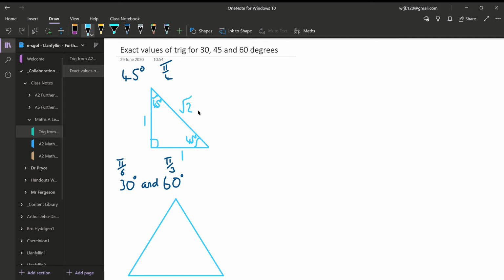Now a word about the size of the triangle, why I'm choosing to have 1 and 1 and root 2 there. Actually the choice of the length is entirely arbitrary. Any right-angled isosceles triangle will have to have 45 degrees in the other two angles if it's right angled and isosceles. And of course that means that any other size, apart from the one that I've got on the screen there, would just be mathematically similar, i.e. an enlargement or reduction of the triangle that you can see there.